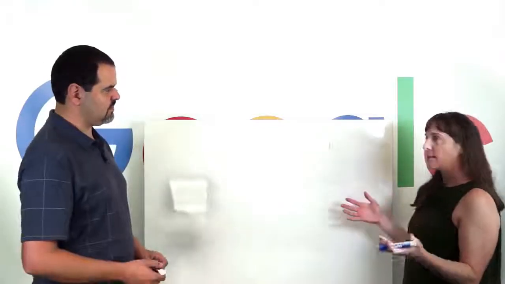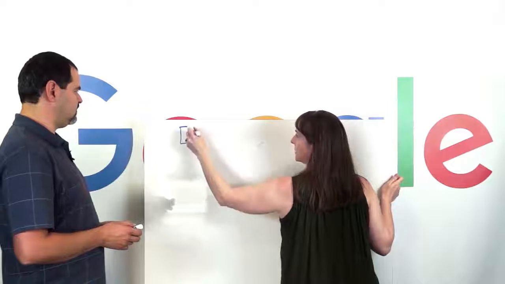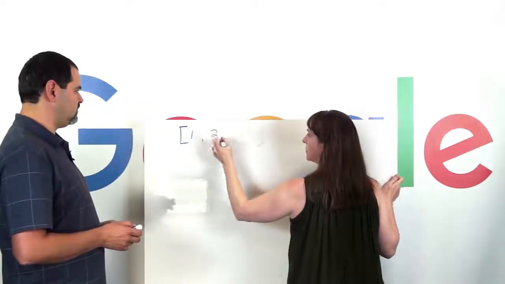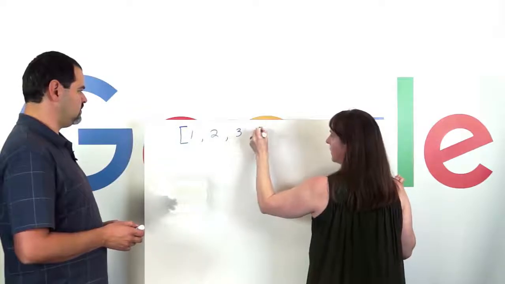So Edgar, the question I'm going to give you today is, I'm going to give you a collection of numbers. And I need you to take this collection of numbers and find a matching pair that is equal to a sum that I give you as well. Okay. So for example, the collection of numbers could be 1, 2, 3, and 9.